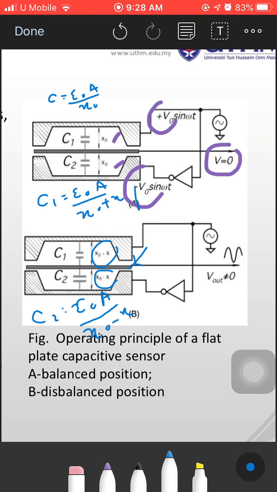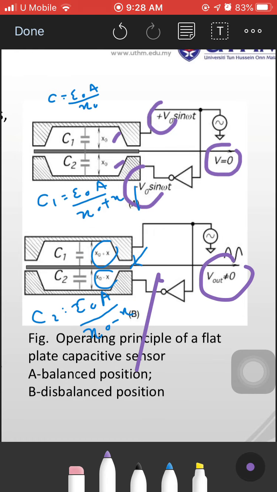When the values of C1 and C2 are different, the output voltage will also not be equal to 0. It will give some indication of the output voltage. So how do we calculate the value of the output voltage?